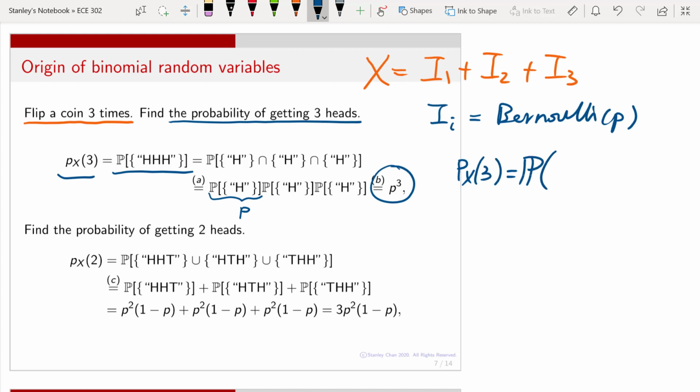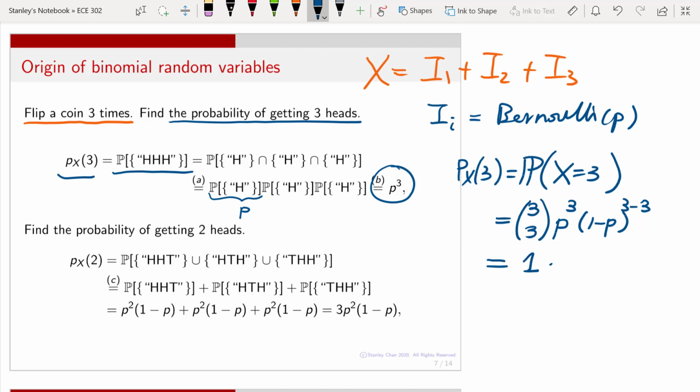This is the same as the probability that x equals 3, the number of heads equals 3. And according to our definition, this is 3 choose 3, p to the power 3, and then 1 minus p to the power 3 minus 3. And so this will give you 1 times p to the power 3, and then 1 minus p to the power 0. You carry out the calculation, and this will give you p to the power 3.